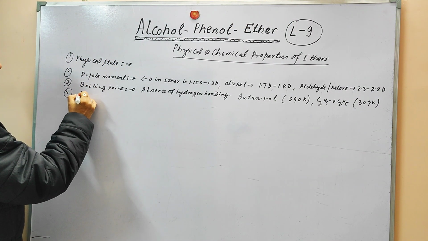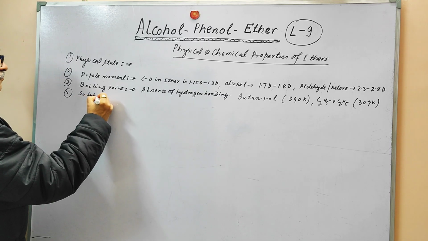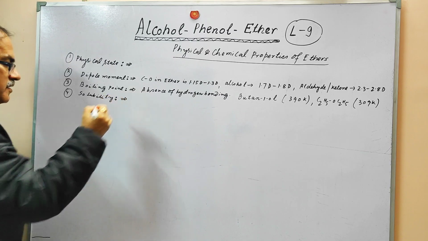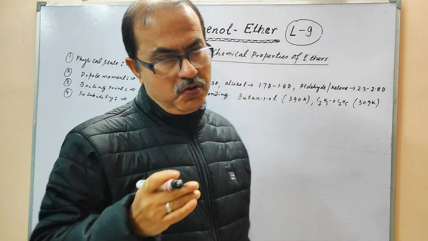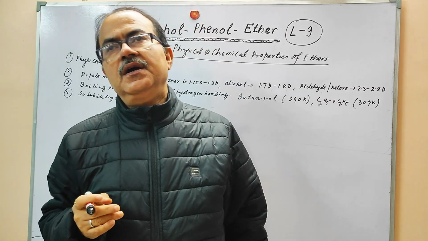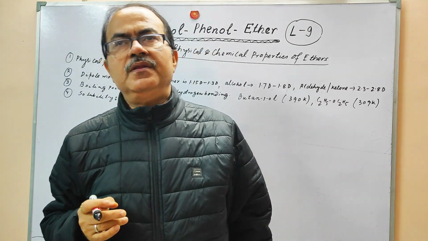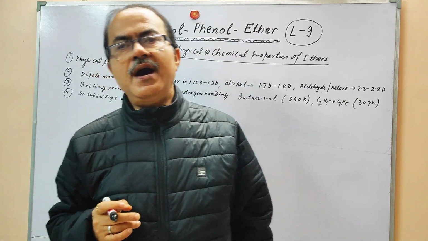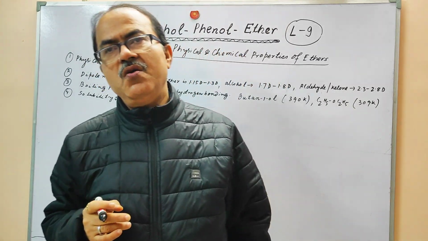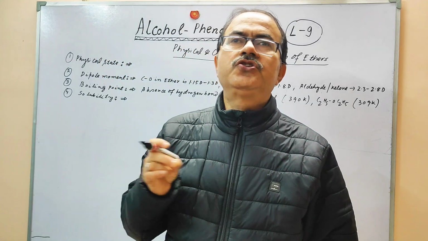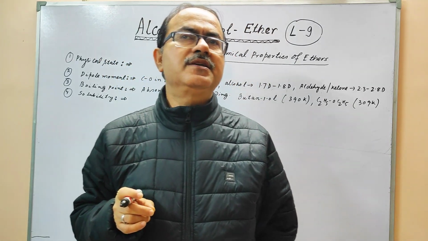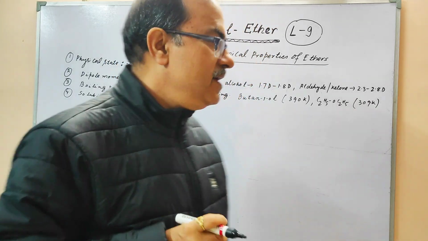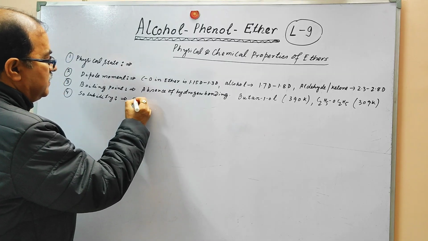Fourth point, that is solubility. Solubility, you can see, is comparable as we compare with alcohol. For alcohol, for example butanol, its solubility is around 9 gram per 100 cc, whereas in case of ethoxyethane, its solubility is around 7.5 gram per 100 milliliter, and that is due to the fact that it forms hydrogen bonding with water.